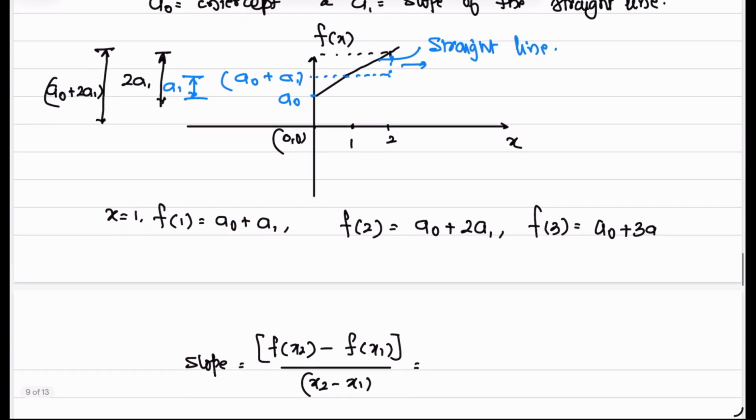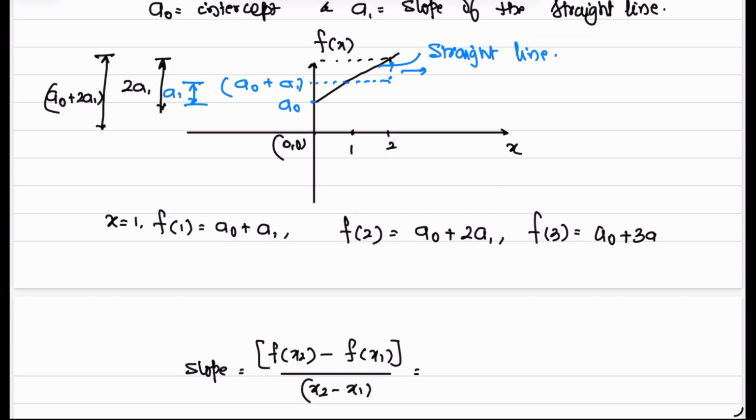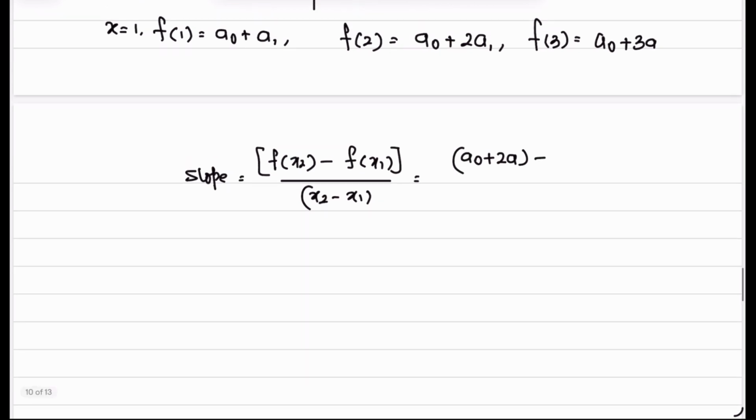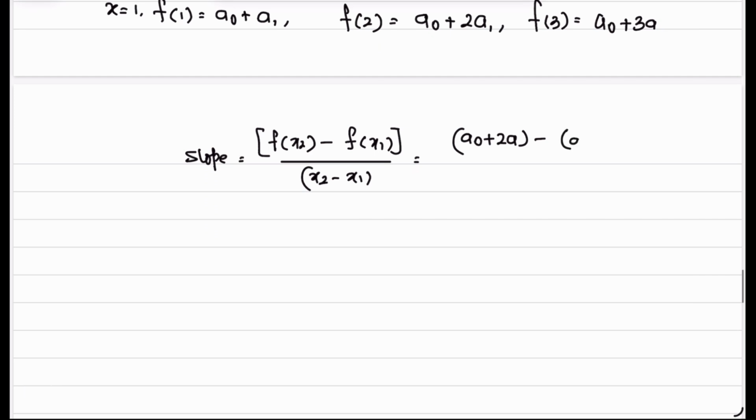What is f(x2) here? f(x2), that is f(2), is a0 plus 2a1, minus f(x1), that is f(1), a0 plus a1, divided by x2 minus x1. This is a very important formula. Please remember this. This will be useful in calculus.